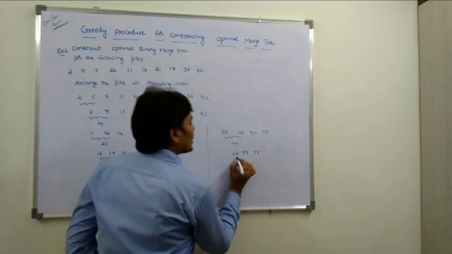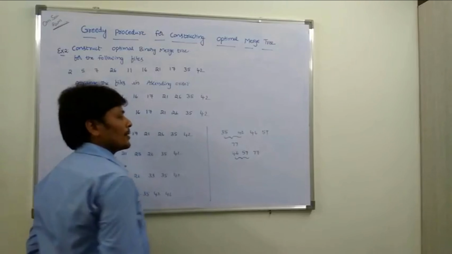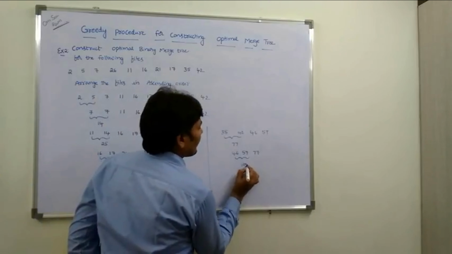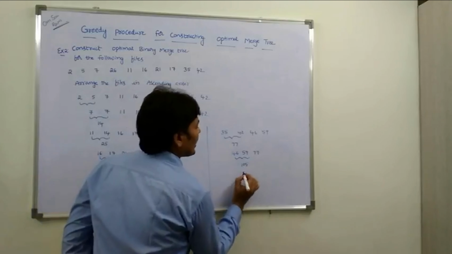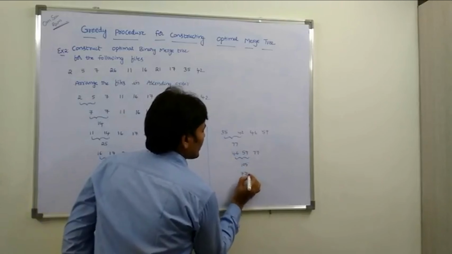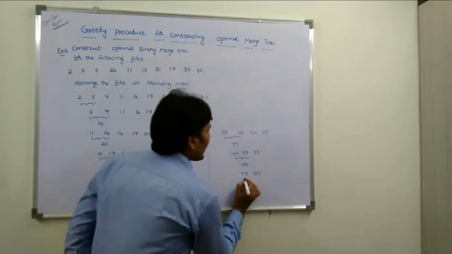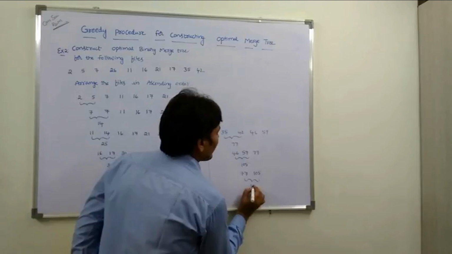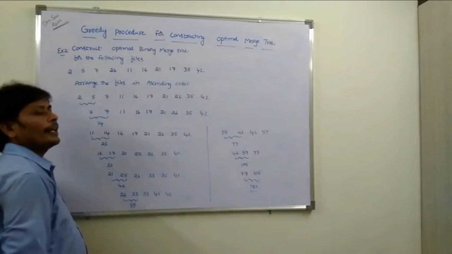Now we select the two smallest sized files and merge them. The result is 105. This resultant value is inserted into the list at its correct position. Now 77 and 105: we get 77 plus 105, that is 182. This is the final result.